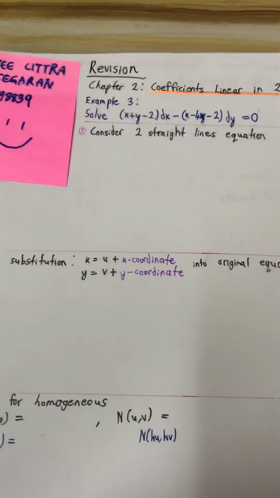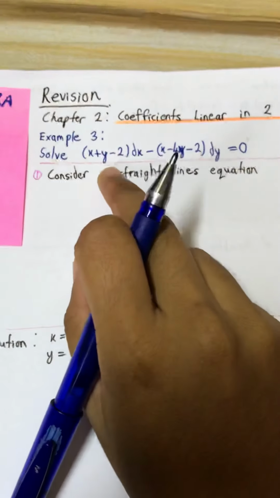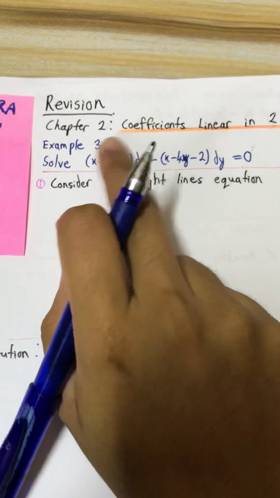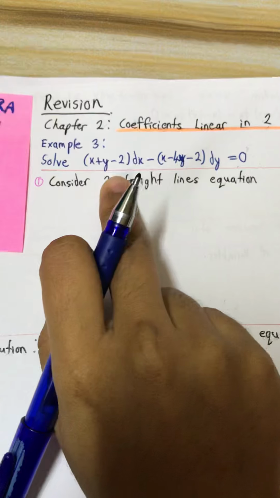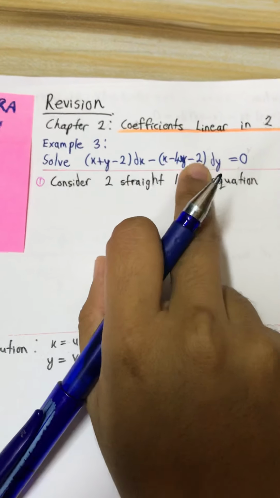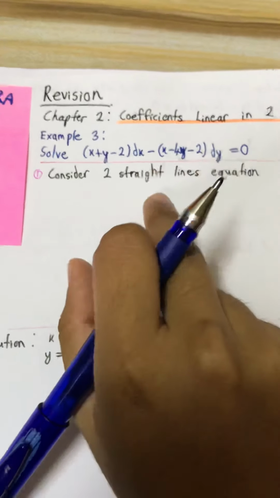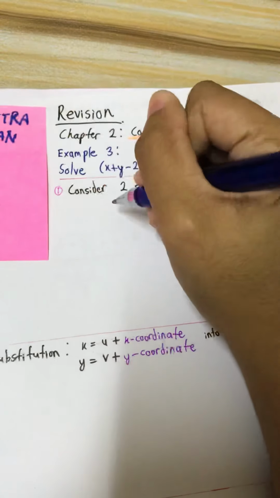line equations. From the question given, we can see the first one is one of the straight line equations, and this is the other line equation. So we consider these two.